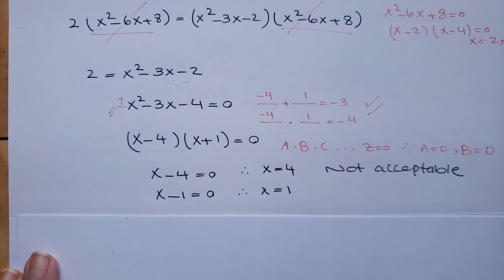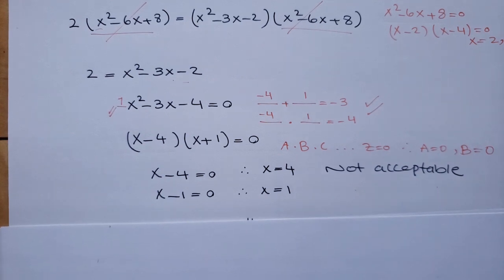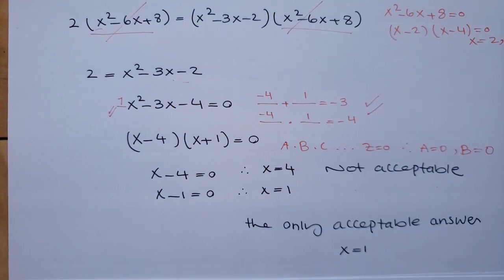From here, we found two answers, 4 and 1. But if you go back and check the NPV values, you would see that 4 was an NPV value. So that's why we don't accept it as a final root for the rational equation. And the only acceptable root would be x equal to 1.